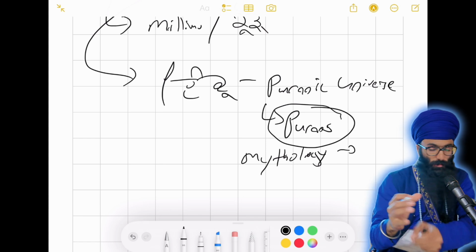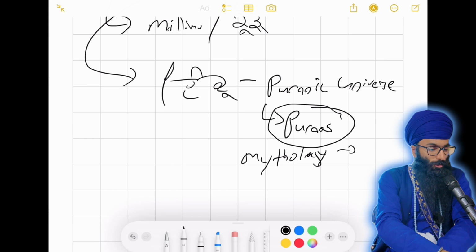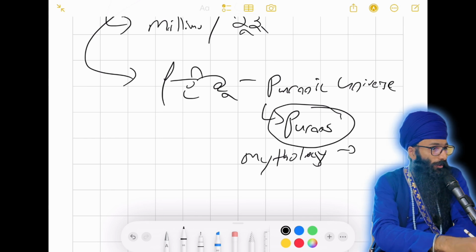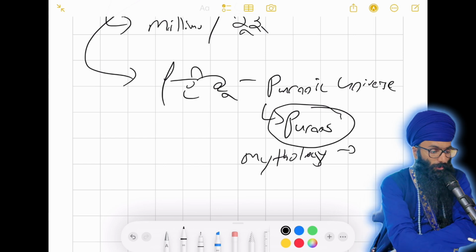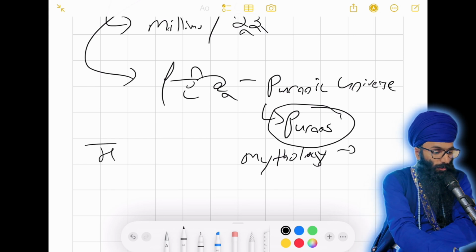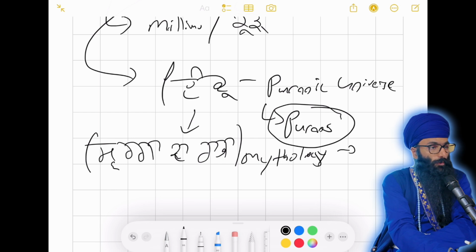It's a type of text, manuscripts, books. So the Puranic universe talks about someone named Indra. He is seen to be the god of the heavens. Svarga da Raja. Alright? Indra. All good so far?